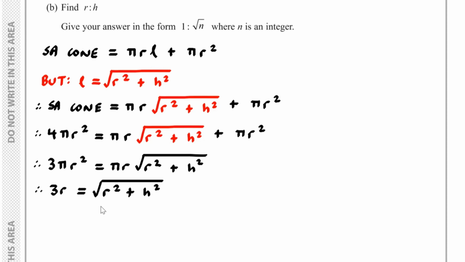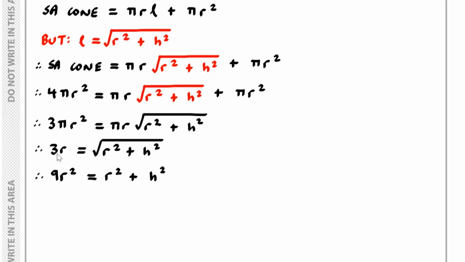Now we can square both sides, so we have 9r squared equals r squared plus h squared, because 3r times by 3r is 9r squared.